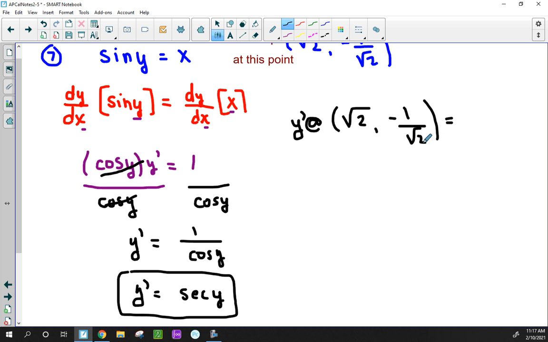Okay, so in this case, my derivative is just secant y, so I would just write secant of the y value in order to find the slope. So I'd have to evaluate that. Which essentially means we could go back and say 1 over cosine of that value.